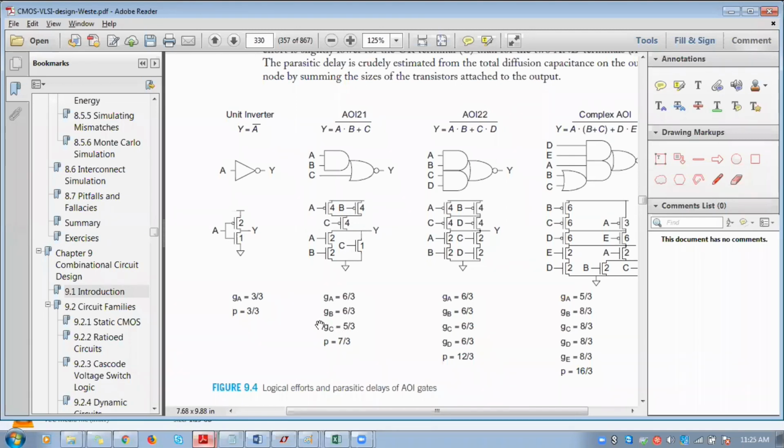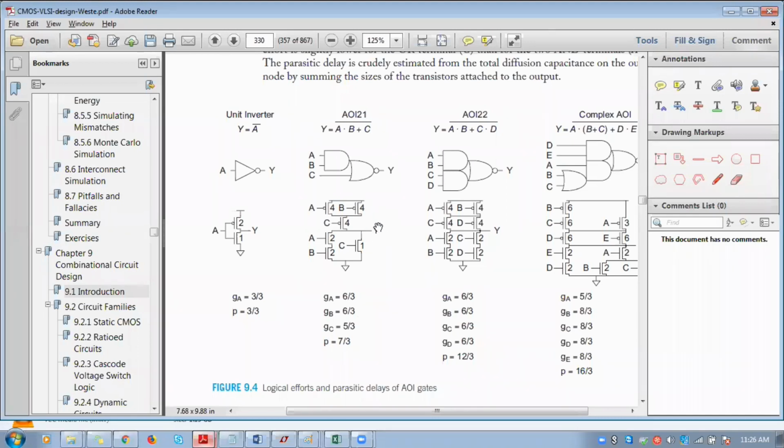While calculating parasitic delay, yesterday we saw the definition of parasitic delay: it is the same delay calculation as what we saw for logical effort. But you have to keep in mind that the delay is calculated only for zero load. So at that time, we consider only the transistors which are connected to the output.